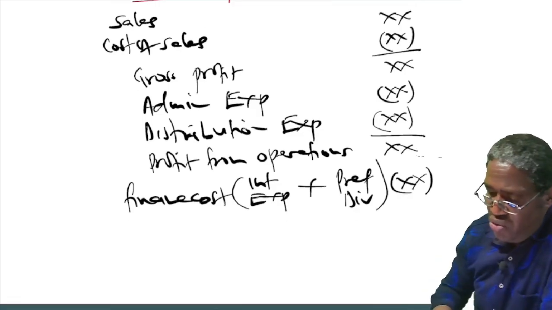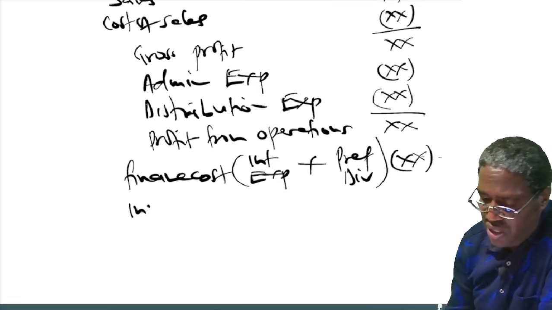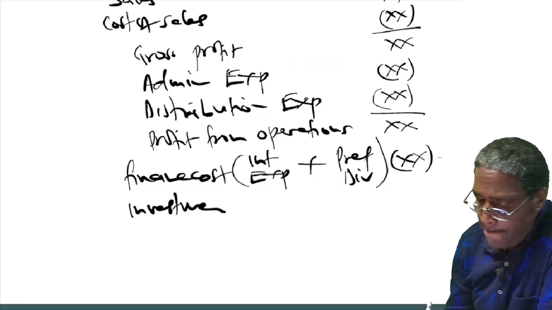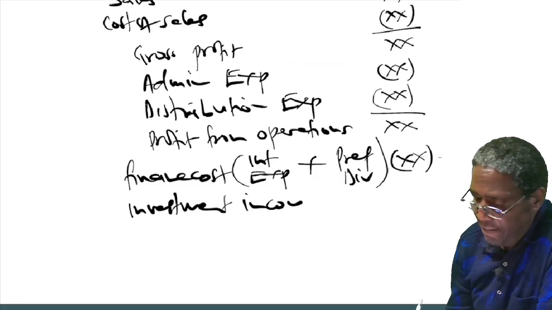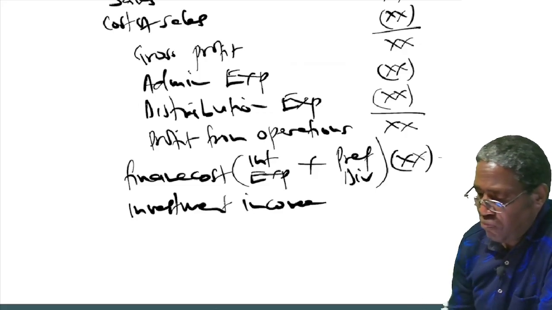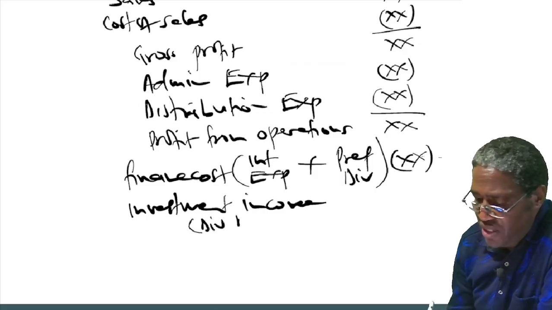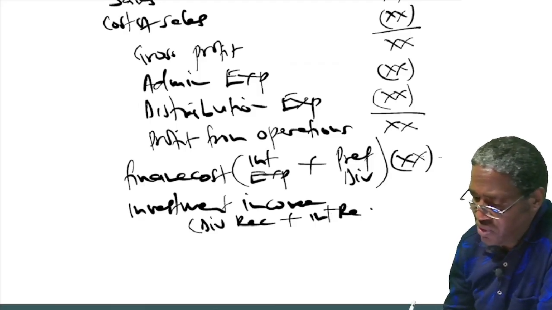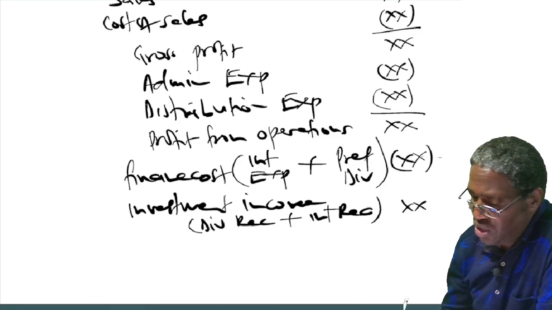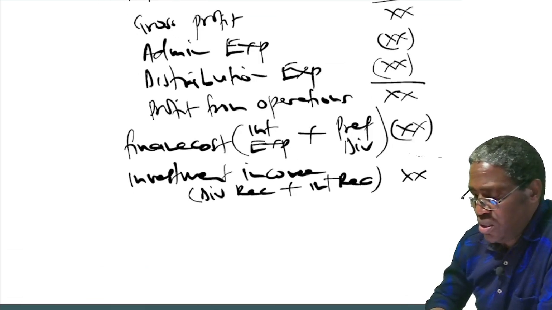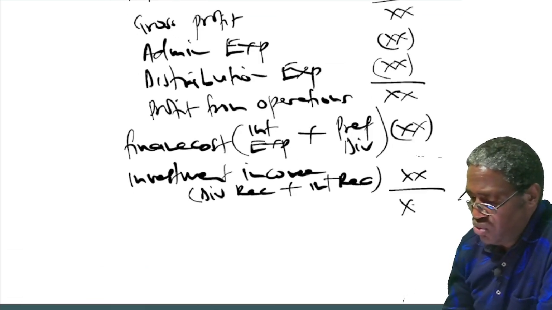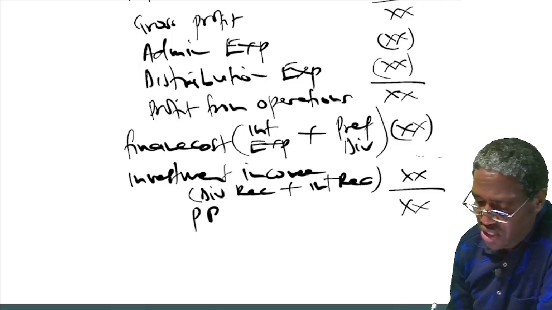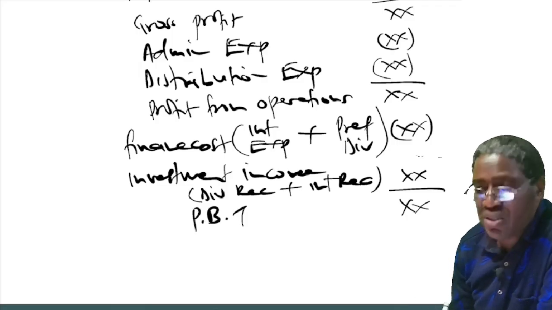From there, we said you come to investment income. I gave an example like dividend received and interest received. Whatever it is, you add. Then from there, you come to get the net. And that's what we are calling profit before tax.